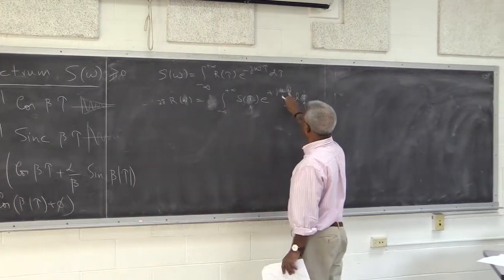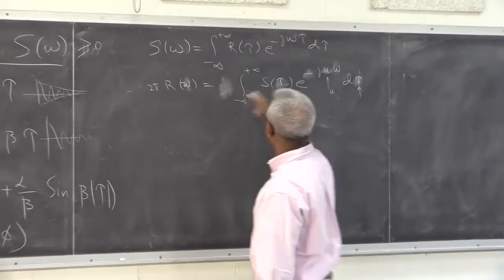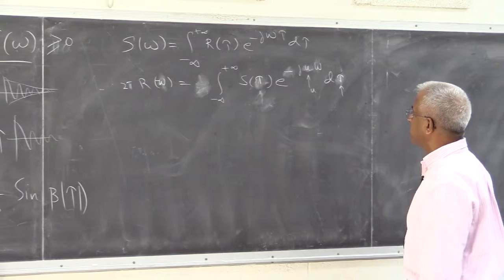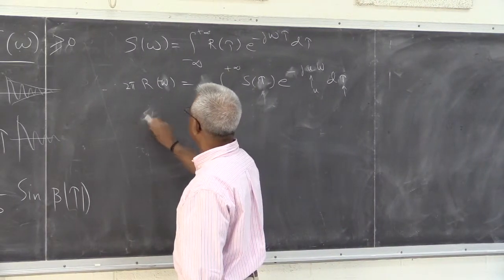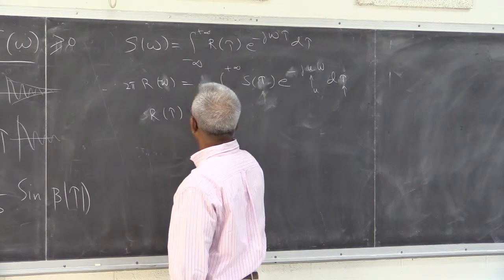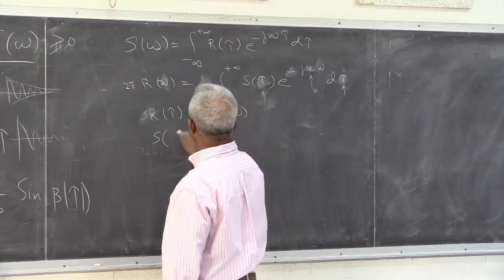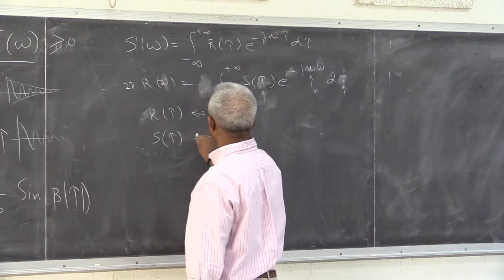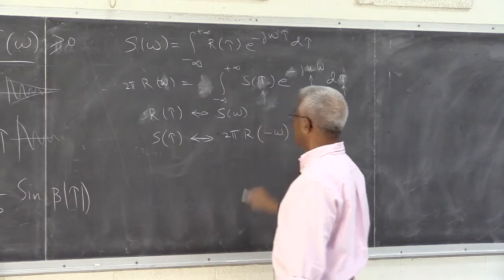And then if I replace omega by minus omega, notice that this looks like the Fourier transform of s of t. So we have this classic result: if r of t has a transform s of omega, then if you bring this expression into the tau domain, its transform is 2 pi r of minus omega.